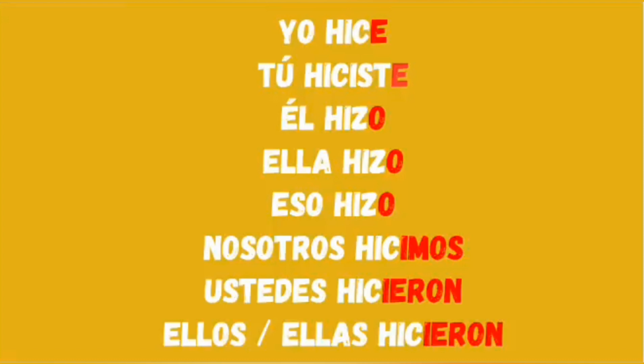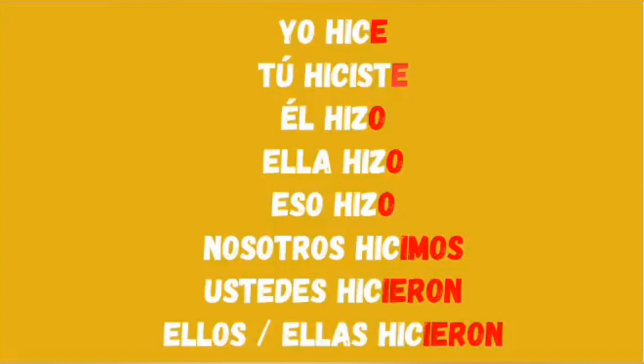So if you want to say I made or I did, you have to say yo hice, okay? If you want to say you made or you did, then you have to say in Spanish, tú hiciste. If you want to say he made or he did, then you have to say él hizo.